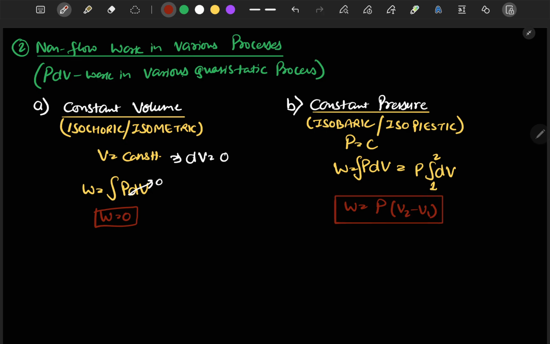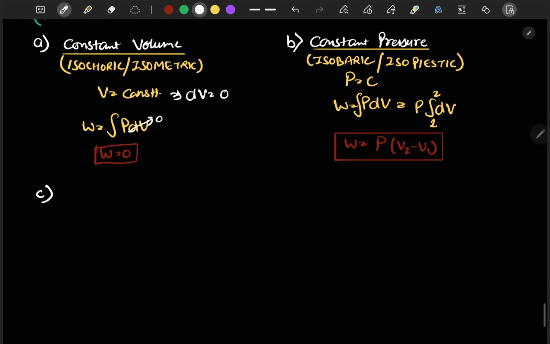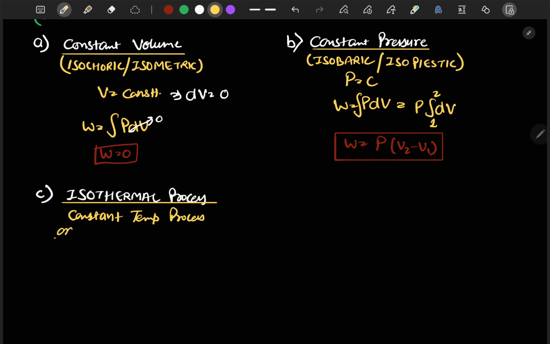So we will move to the third process, that is process C, the isothermal process. The isothermal process is also called a constant temperature process, or it can also be called a hyperbolic process.